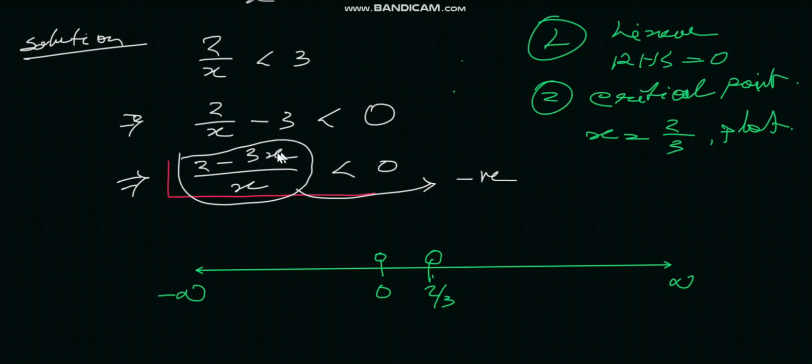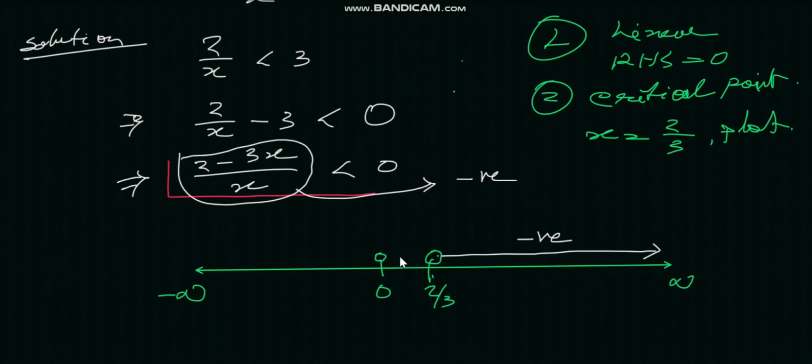If we multiply this, the numerator will be a negative number and the denominator will be positive, so the result will be negative. So this region is a solution region, because if we plug these numbers into the expression, we get a negative number, since the numerator is negative and x is positive because we are using positive numbers. So we know the solution region is this one.